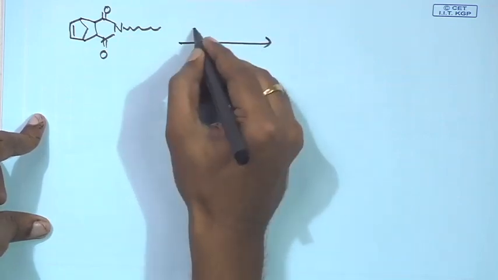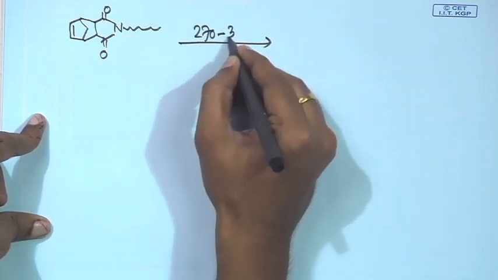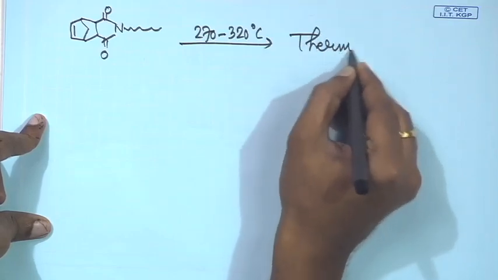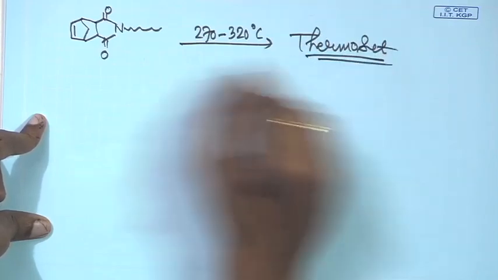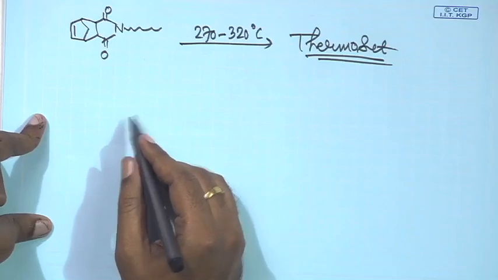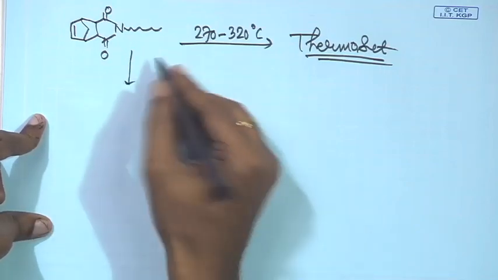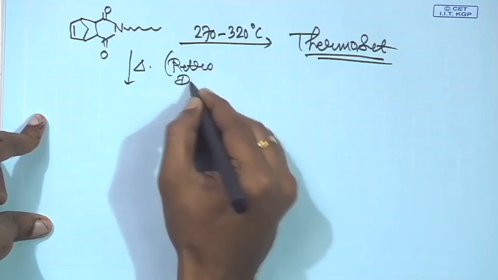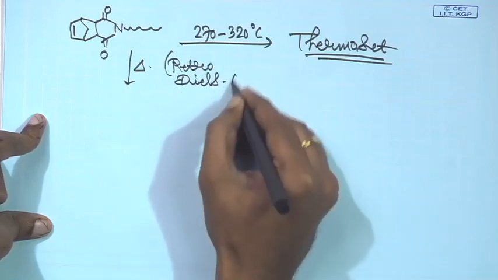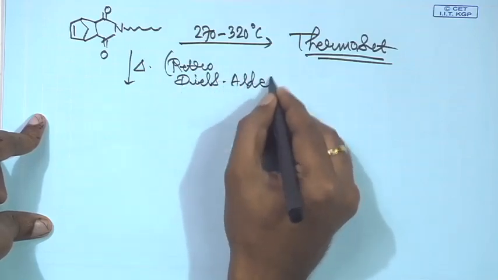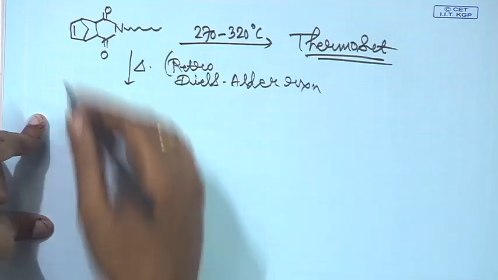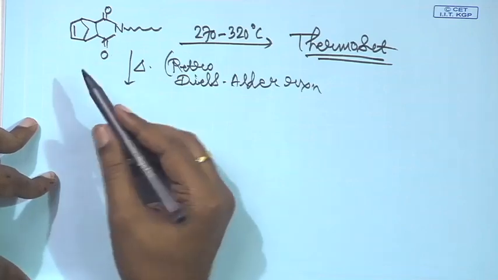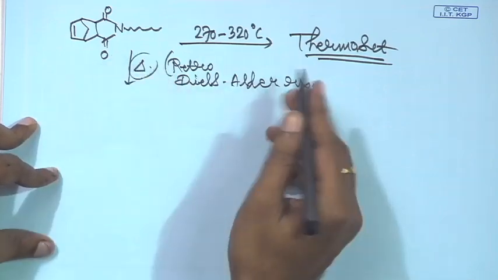Now, if you heat this up around 270 to 320 degrees Celsius, you will get a thermoset product. How does that happen? This happens through what you call as Diels-Alder reaction. So, basically it is a pericyclic reaction.